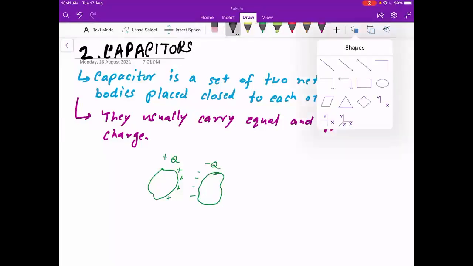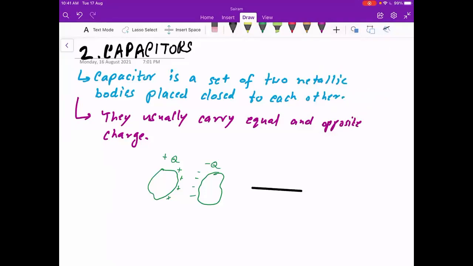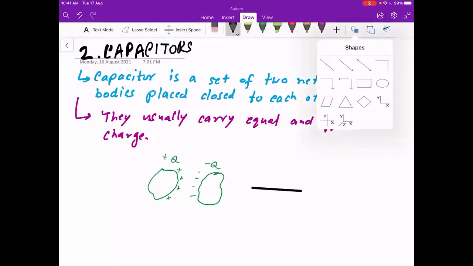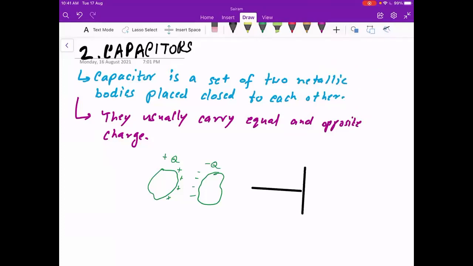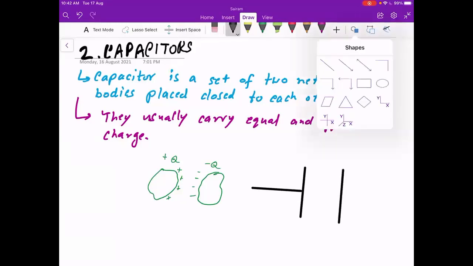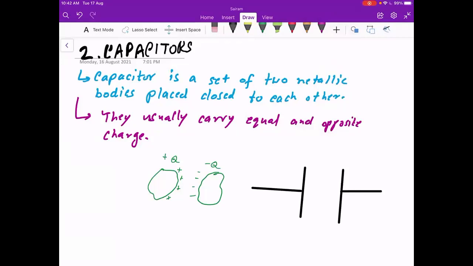We want to draw the symbol. The circuit diagram is like this. Capacitor of capacitance C. This is the circuit diagram.